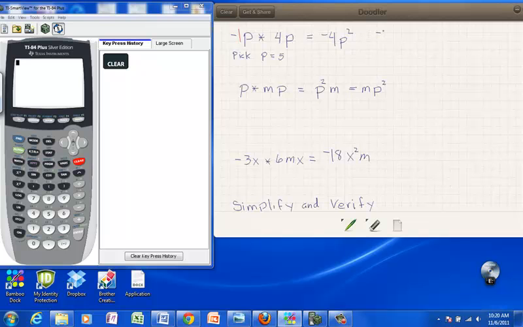So there was a negative p, so it's negative 5, times 4 times p. So when you're writing this, you do have to put the extra times symbol in. And we want to find out if that's the same thing we get as when we put it in the answer, the result, which was negative 4 times 5 squared.